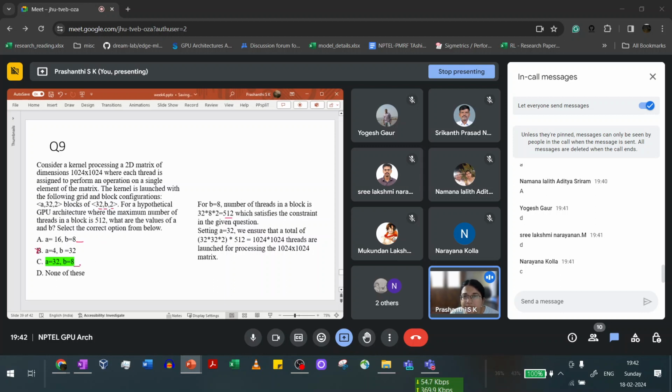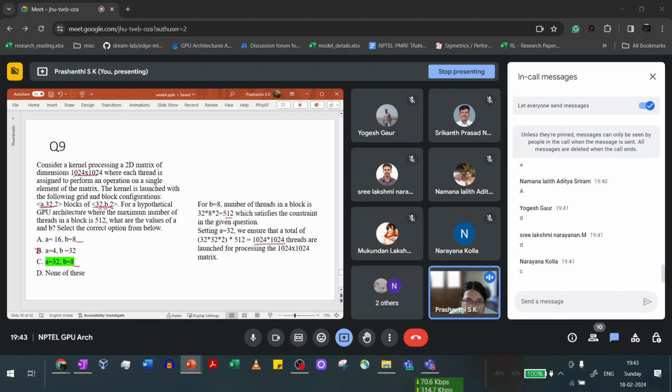Now, remember that the other constraint that we had to evaluate was that here we are told that the dimensions of the matrix are 1024 into 1024, and every thread works on a single element, which means that the total number of threads you get by multiplying all of these should be equal to this into this, because every thread works on one single element.